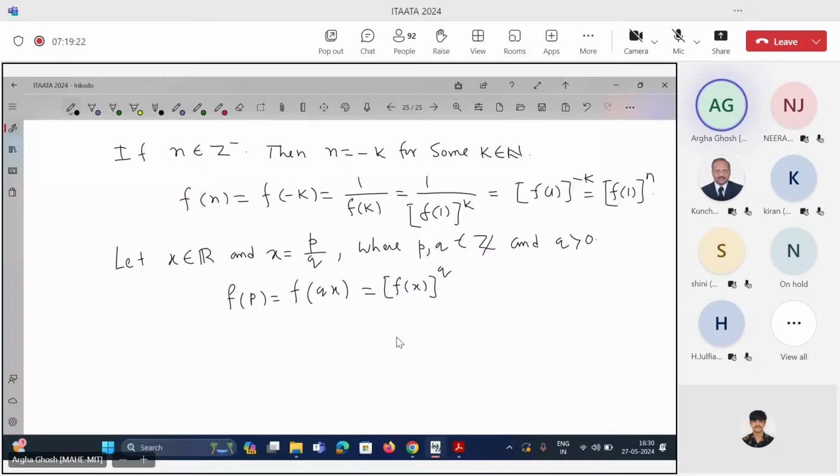And f of p is at an integer, so it is f of 1 whole to the power p. So therefore, f of x is, I should not write it this way. Okay, f of x is f of 1 whole to the power p by q. That's what we have to prove.